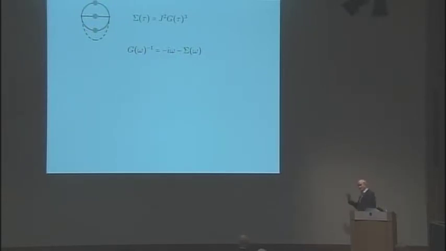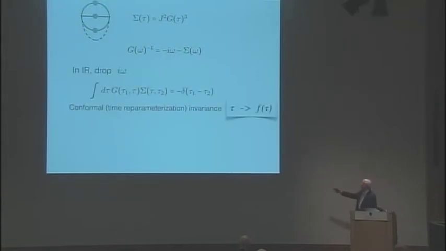So these are like Schwinger-Dyson equations, but they're closed and can be solved, especially in the infrared where we drop the omega. It becomes trivial to solve these equations. Before solving them, you can see that they are invariant under time reparameterization invariance.